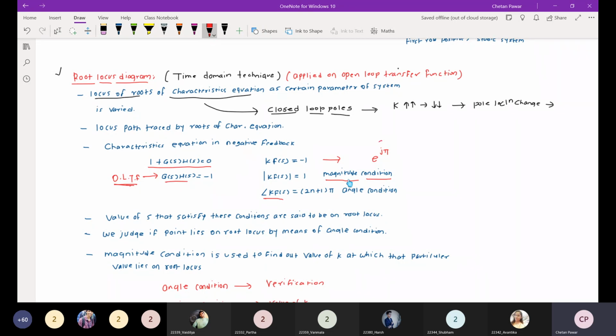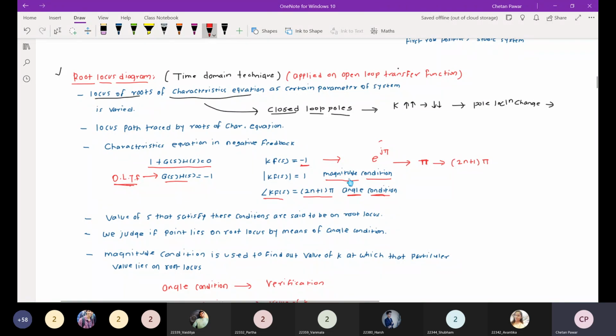So here the angle is pi. And even if you take odd multiples of pi, that will give you -1. That's why the angle condition is (2n plus 1) times pi. So this is the angle condition. Why is this angle condition required?